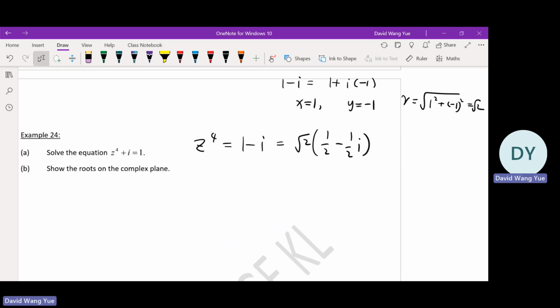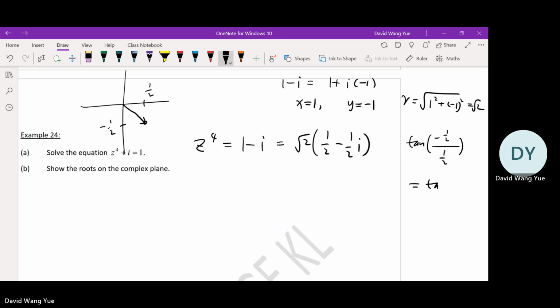Now you need to determine the argument. Positive real part, negative imaginary part, so it's the fourth quadrant. If I check the tangent value, y over x, the inverse tangent of -1 is negative pi over 4.